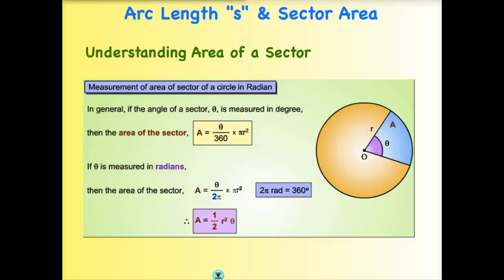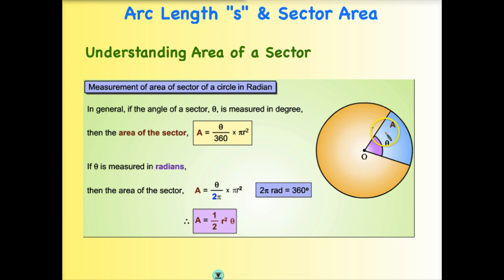You probably remember in geometry finding the area of a sector using degrees. So up here is the formula that you might remember. Remember that if we take the entire area of a circle, we can call that theta. The entire distance around is 360 degrees.